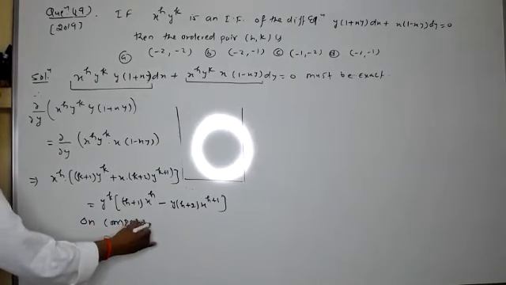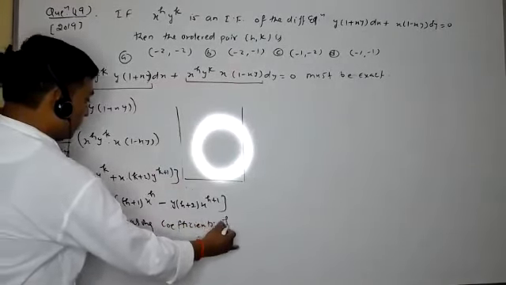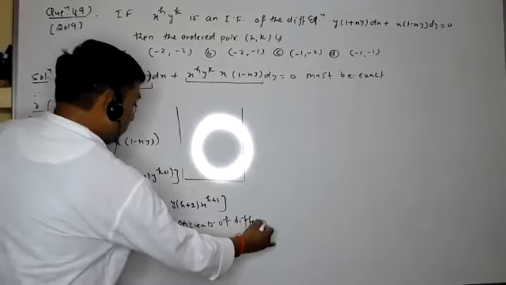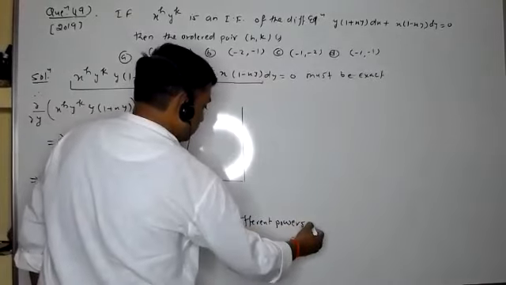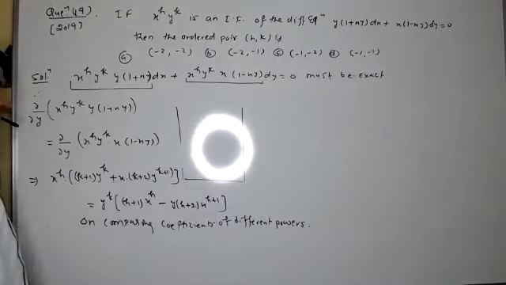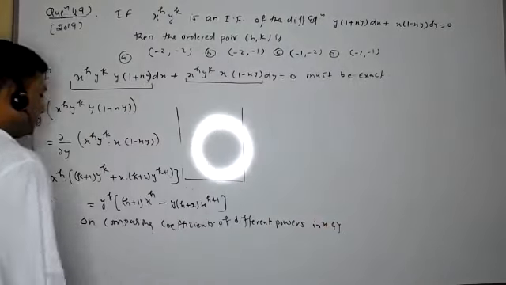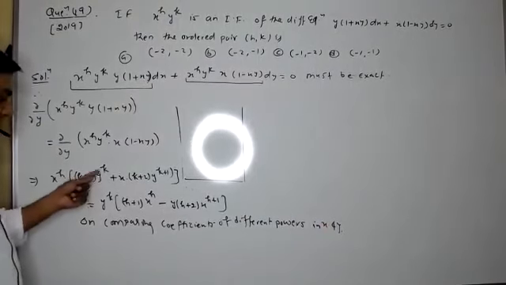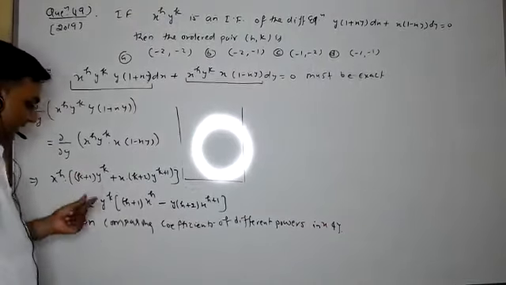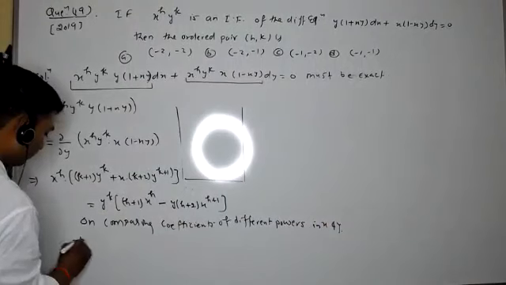On comparing coefficients of different powers in x and y, if you observe here, the first term is x raised to the power h, y raised to the power k, right? Here the first term is also x raised to the power h. So what did you get?